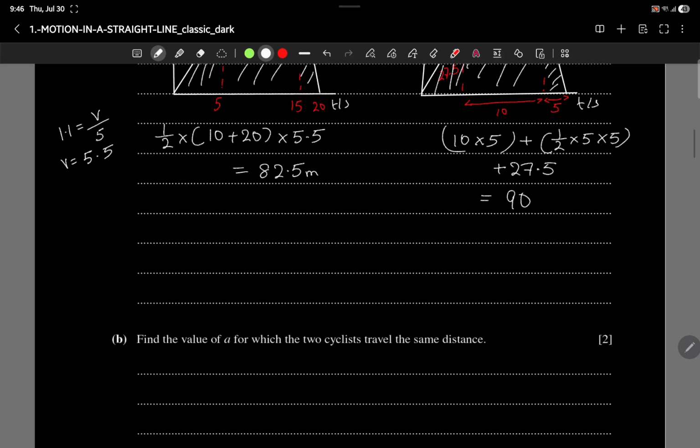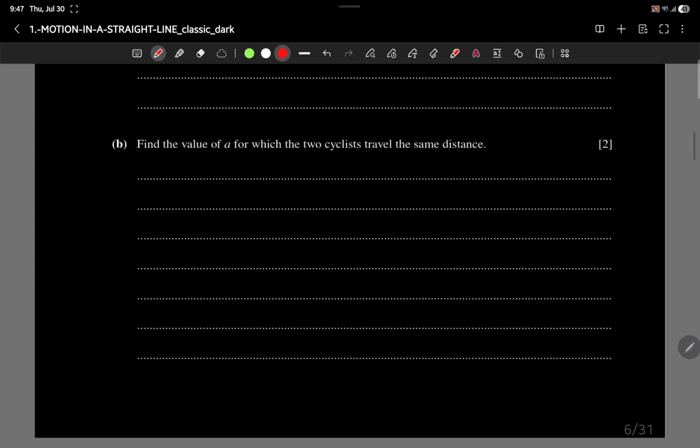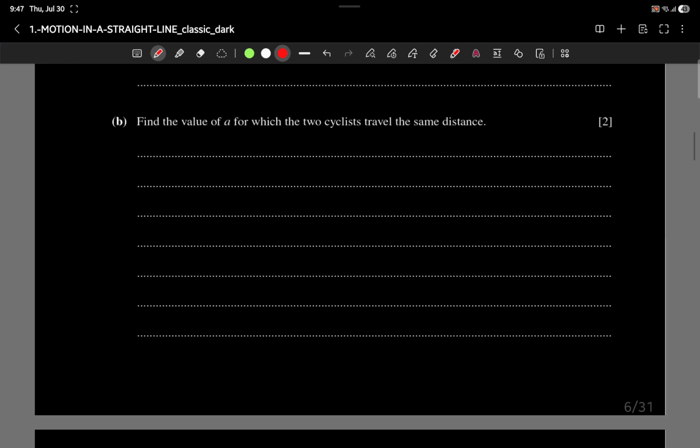As you guys can see, Maria has a larger area, hence Maria goes further. Answer. Now, find the value of A for which the two cyclists travel the same distance. I mean, these two areas the same. Okay.